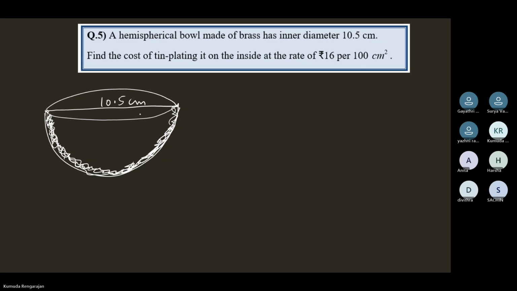So just imagine you have a hemispherical vessel. And a vessel means it's open at the top. When it's a vessel, that means on the top it's open, unless it's given that the vessel has a lid. See, when we say tumbler, tumbler means it will be open at the top.